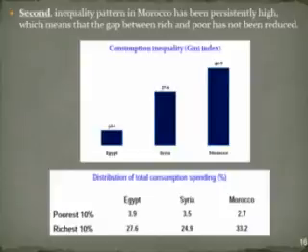So here you have more inequality in Morocco compared to Egypt and Syria. The richest 10% in Morocco spend 33% compared to Egypt 27 and Syria 24. The poorest 10% in Morocco spend 2.7%. So it's clear from both indicators that you have much more inequality in Morocco than in Egypt and Syria.